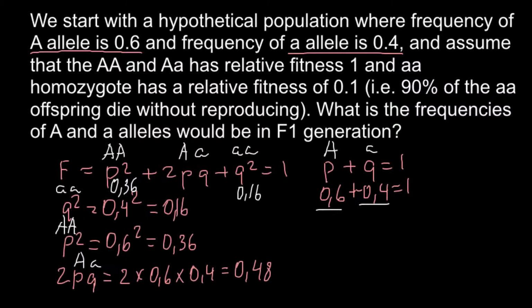So the frequency of the heterozygous genotype is 0.48. Now if we add all these frequencies, as you see, we get 1. So far we have found the frequencies of all the genotypes, and now we can move on.